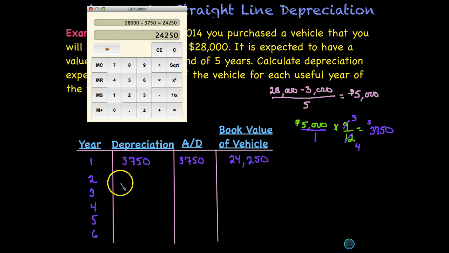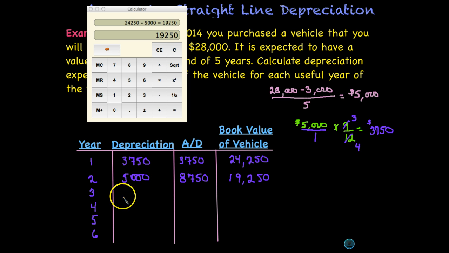Okay, now it's going to be very straightforward. My depreciation in year two, well, I had it the entire year, so I would take the full depreciation of $5,000. That means my accumulated is going to be the $3,750 plus the $5,000 to give me $8,750. Well, now I need to subtract $5,000 from $24,250, and now my book value is down to $19,250.